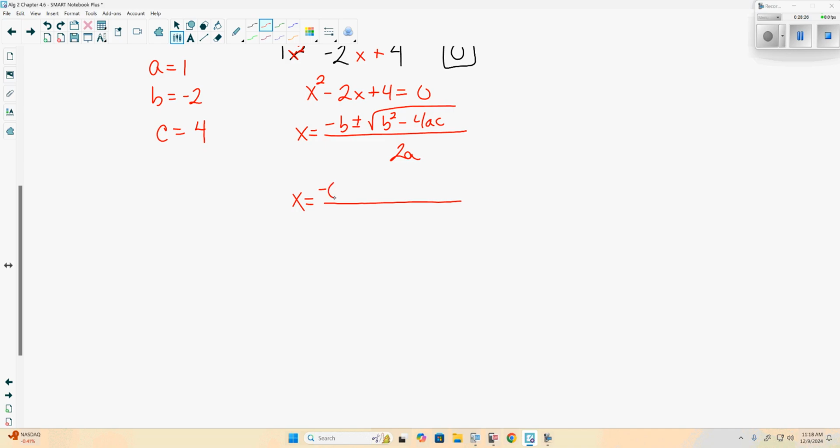Our B value is negative 2, so negative B, plus or minus the square root of negative 2 squared, minus 4 times A, which is 1, times C, which is 4, all over 2A, so 2 times 1.